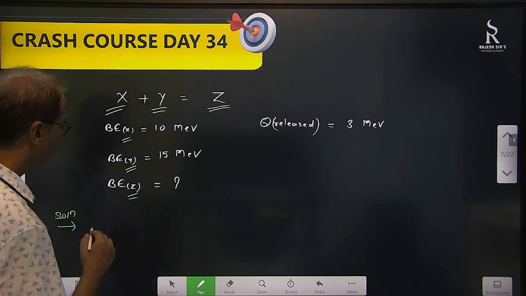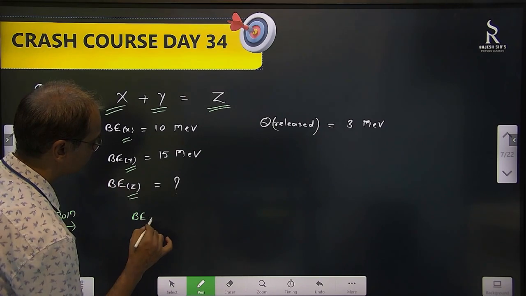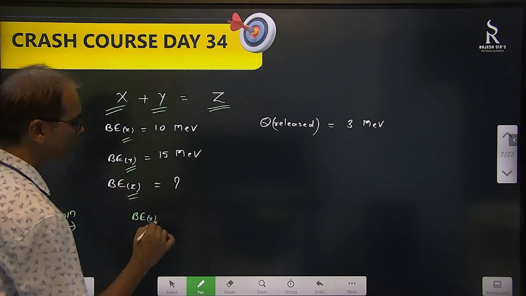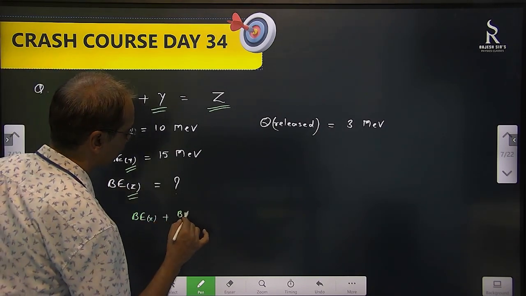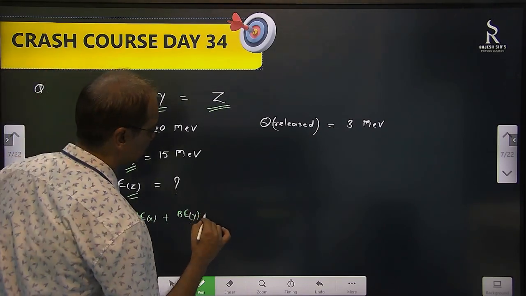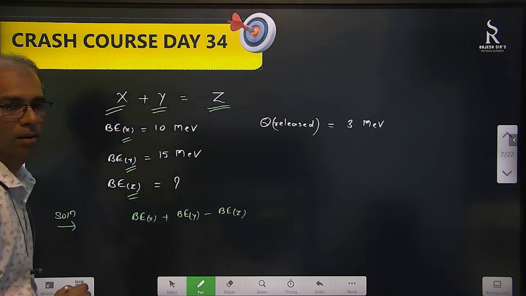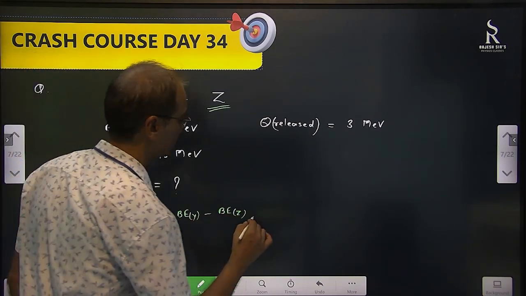So binding energy of X plus binding energy of Y minus binding energy of Z must be equal to the Q released.